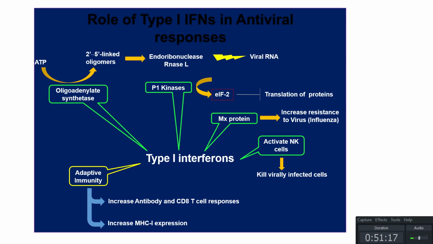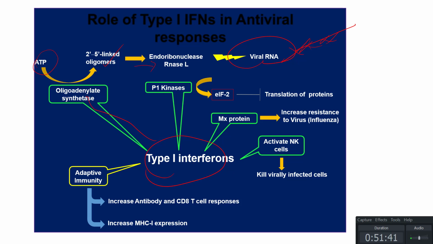So how do type 1 interferons act in the antiviral response? Whenever the type 1 interferons are activated, then they can activate the oligoadenylate synthetase, which will convert ATP to 2',5'-linked oligomers, so that can activate the endoribonuclease RNase L, so that can chop the viral RNA.